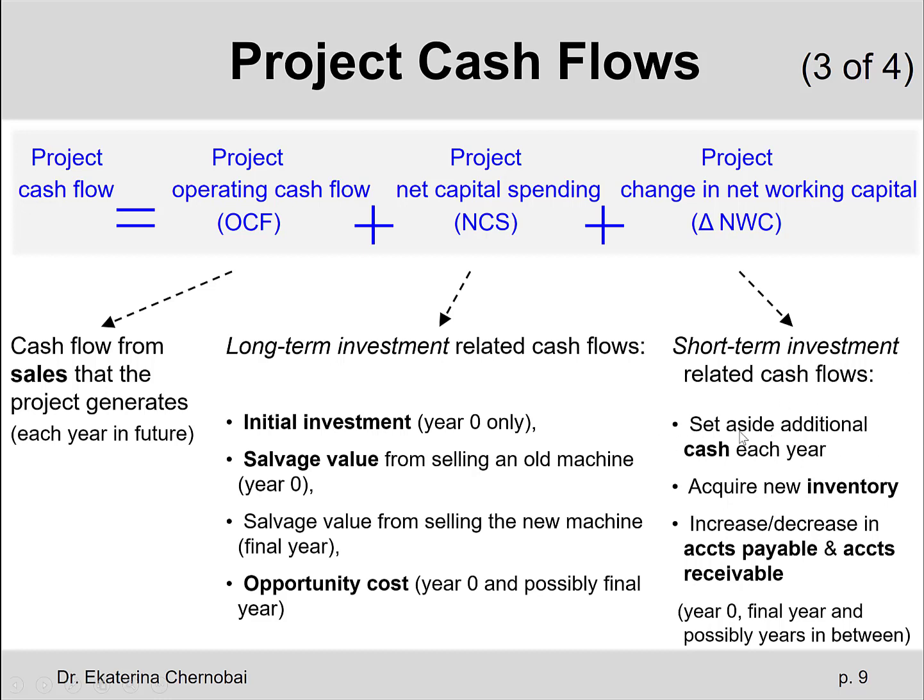Cash is technically not the only item that belongs to what we call net working capital. There are other items like inventory, accounts payable, accounts receivable that are also in this category.